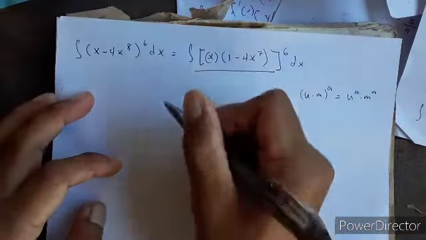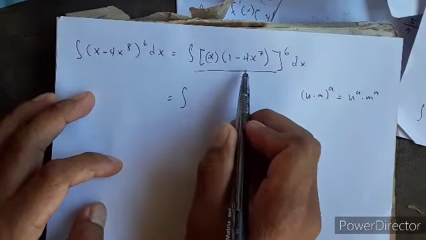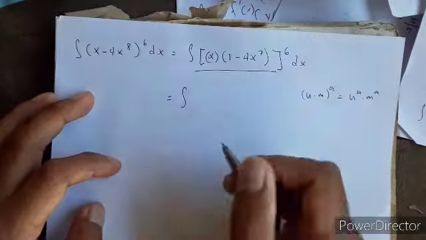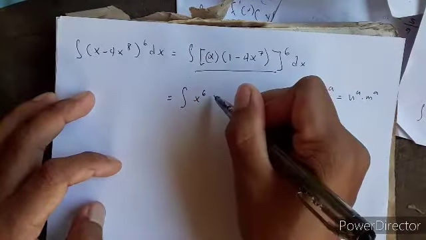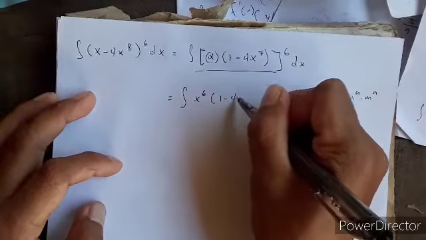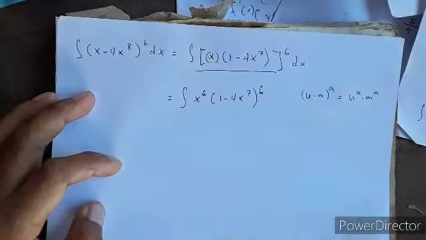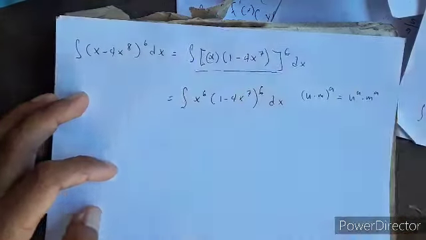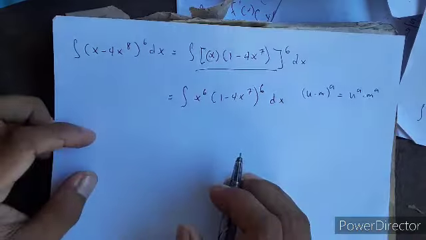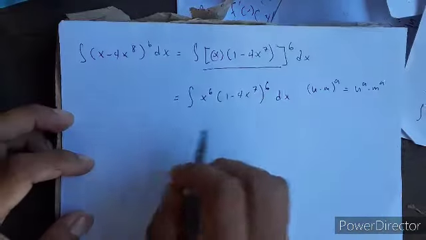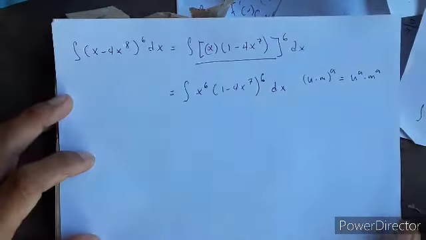Therefore, we can rewrite this function, if this is our u and this is our m and this is our a, as x raised to 6 times 1 minus 4 x raised to 7, also raised to 6 dx. Now we can easily use du and u representation for this kind of function.